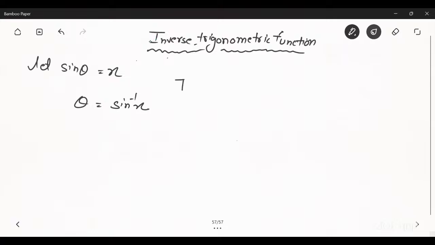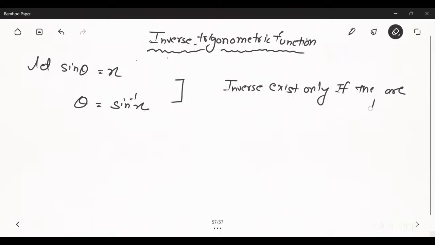But an inverse exists only in two cases: inverse exists only if the function is one-one and onto.